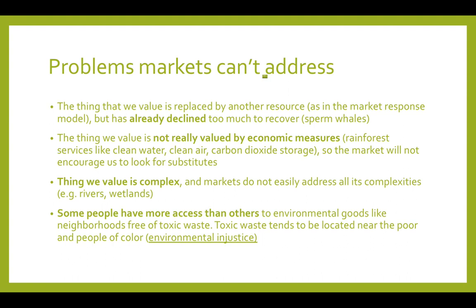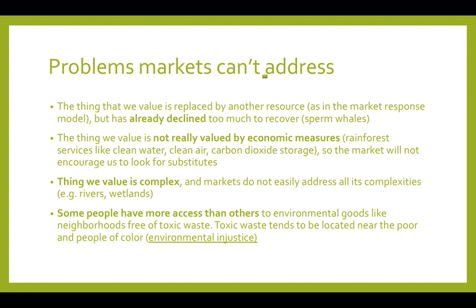And then finally, there are problems that markets can't address because some people have more money than other people. And so what that means is that oftentimes clean environments tend to be closest to people with more money. Toxic waste dumps, according to a lot of research that has been done, tend to end up located near poor neighborhoods and near neighborhoods filled with people of color.